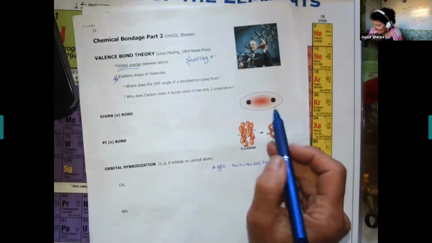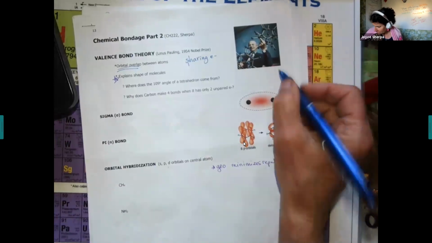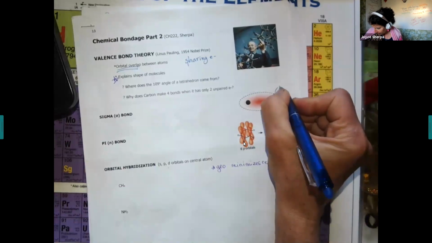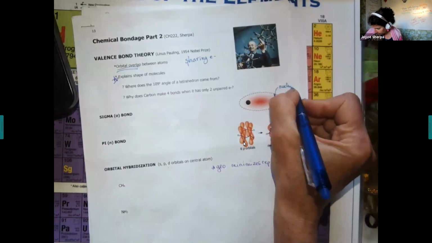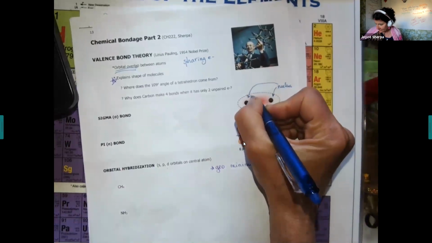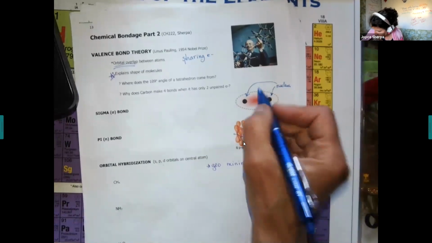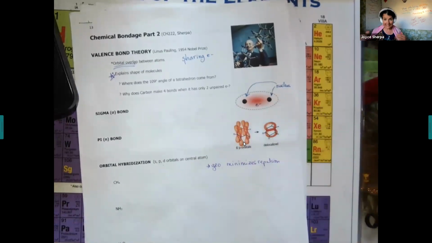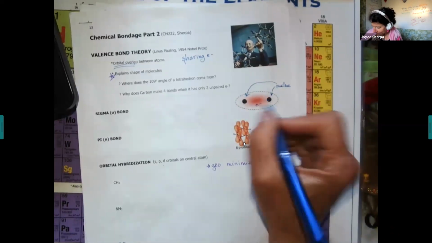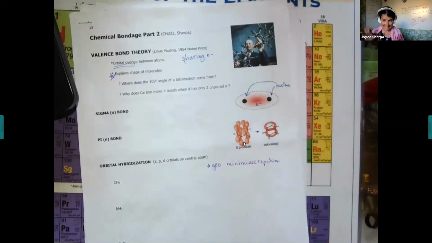And so this is the idea. These are nuclei. That's the nucleus, and that's the nucleus of the other atom. And these are the electrons in the space between the 2 nuclei. So the electrons are in that space in between, and that's what the theory is talking about.